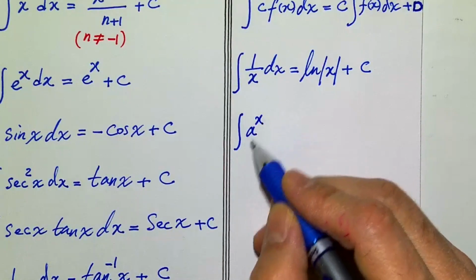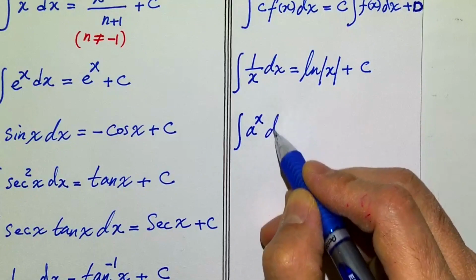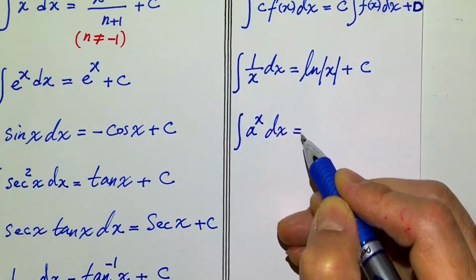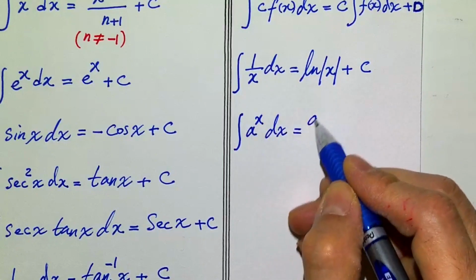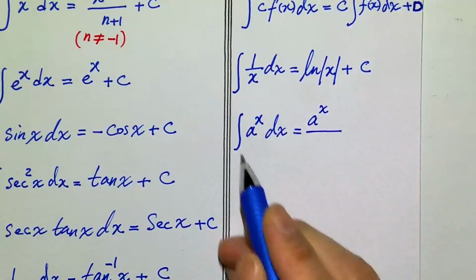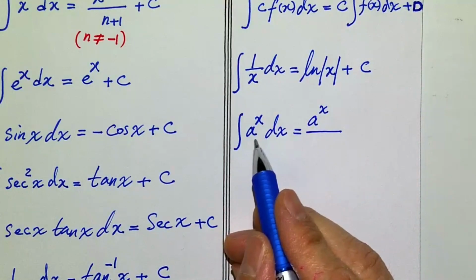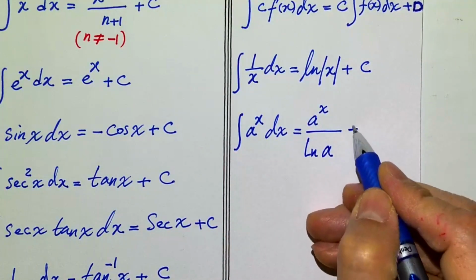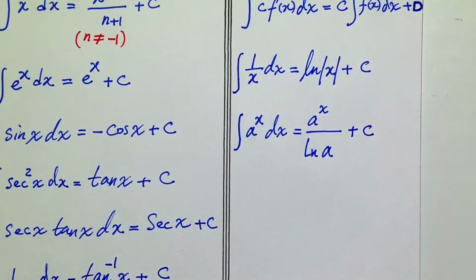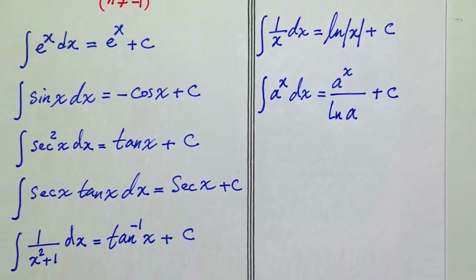If you have the exponential function dx, the antiderivative of that is the exponential function itself divided by the natural log of the base term. So natural log of a, and then of course plus c. Okay, very useful.